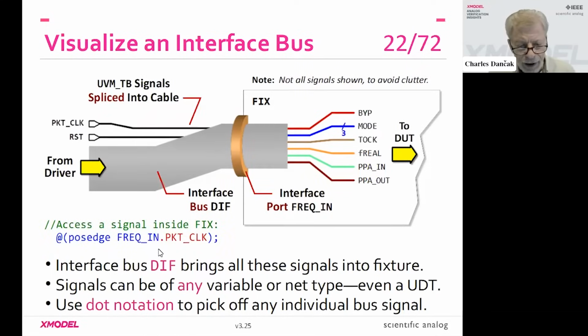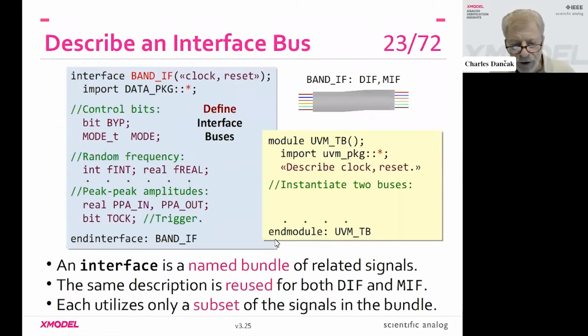So we can say dot packet clock or dot mode or dot PPAN. Notice you're prefacing the dot by not the instance name of the interface bus, but the port where it comes in to the fixture. So we have access to all these bundled signals.